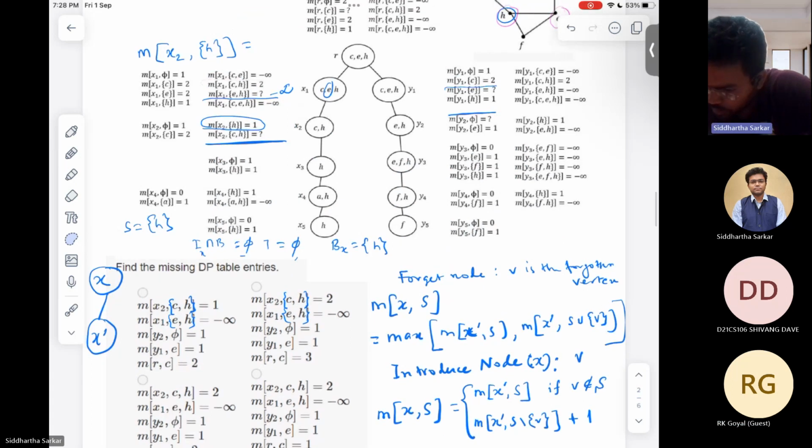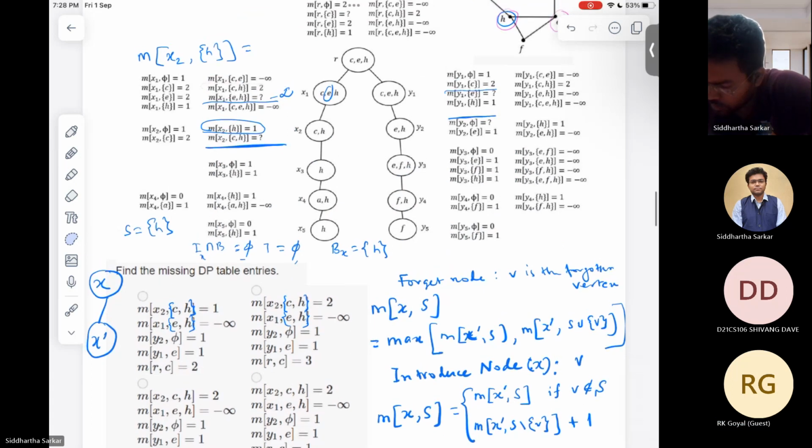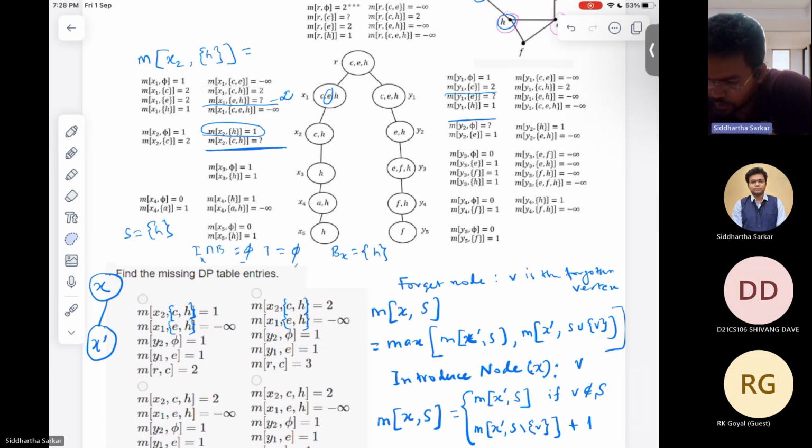And now I think it is visible. We're interested in this node, y1. This is an introduced node. The introduced vertex is C. So we are interested in computing y1 comma E.